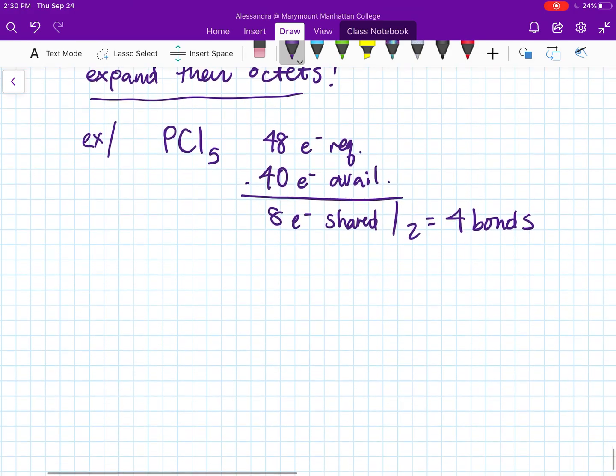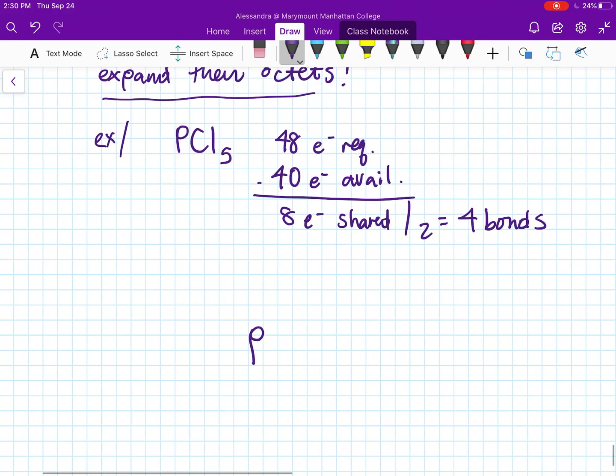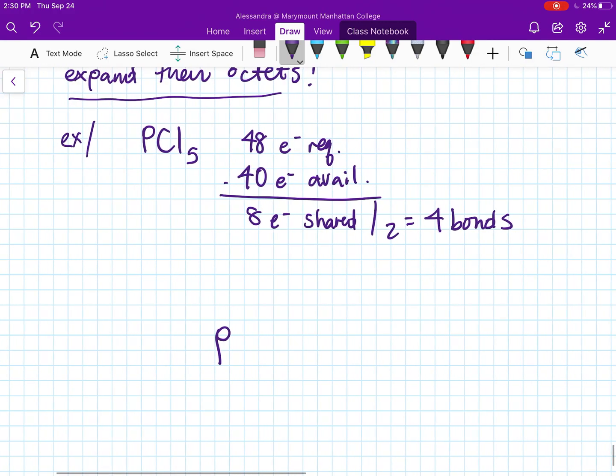But how can you possibly draw this molecule with 4 bonds? You can't. P is the central atom because it's the unique element and the most electropositive element in this case. And if I want to draw 5 chlorines around it, I'm going to need 5 bonds.